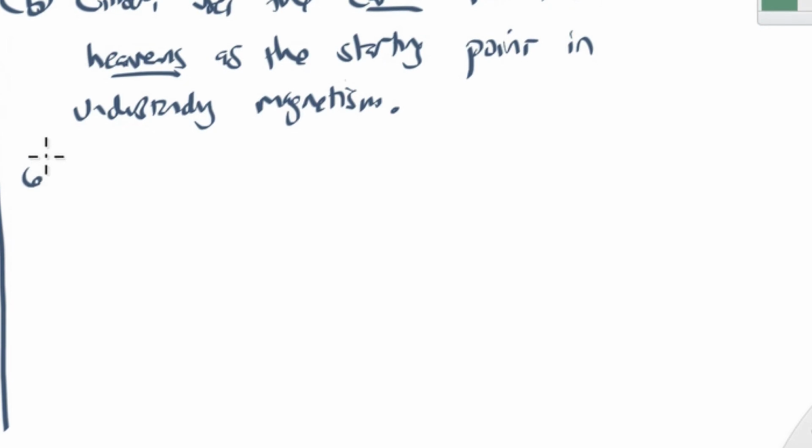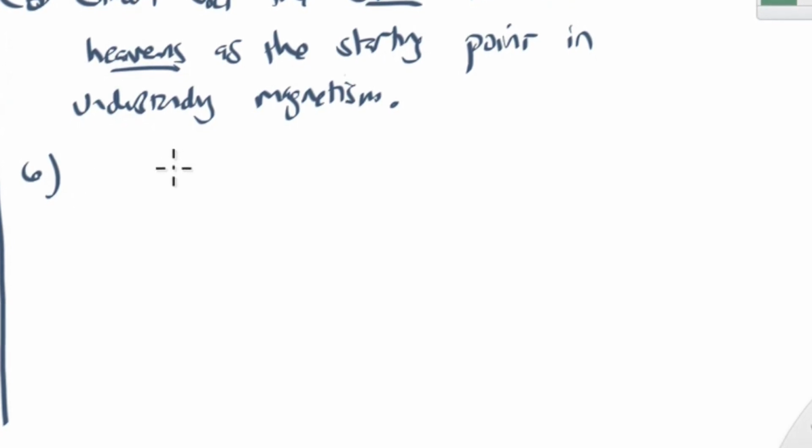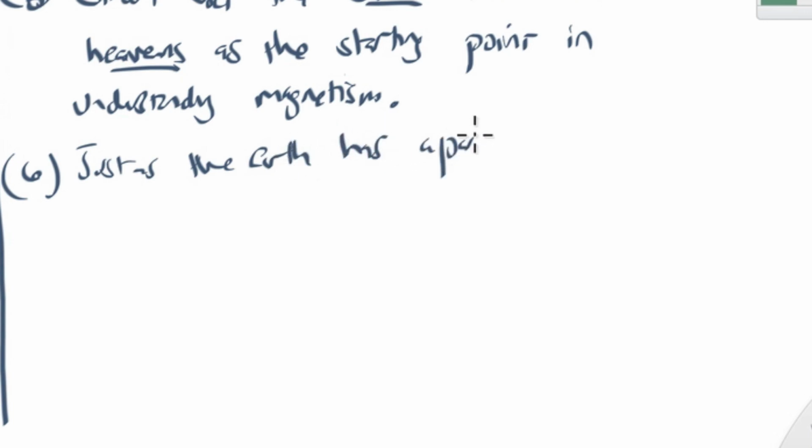And he goes on to mention that just as the Earth has a natural orientation with respect to the skies or the heavens, so too a lodestone has a natural orientation with respect to the Earth. So just as the Earth has a particular orientation with respect to the heavens, right?